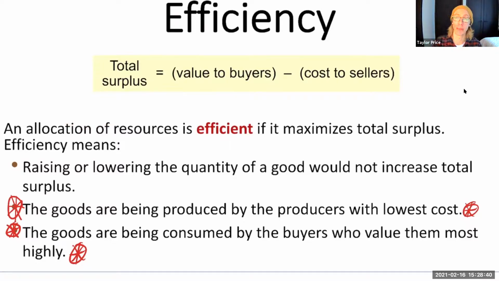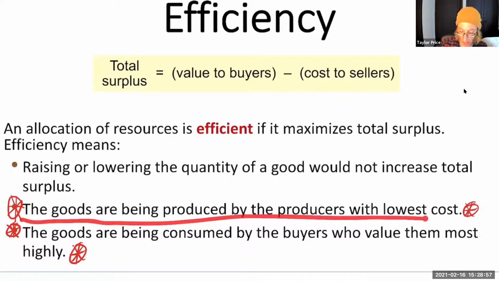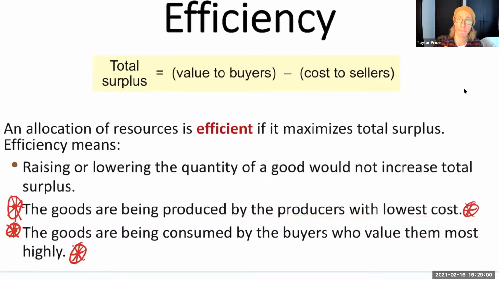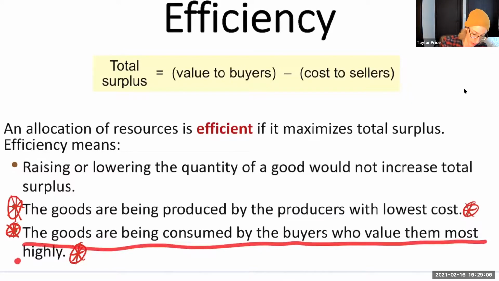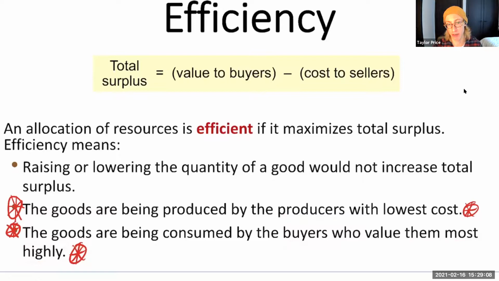We want to know if the allocation of resources is efficient, if it makes this as big as possible. We want to make sure that goods are being produced by the producers with the lowest possible costs, and the goods are being consumed by buyers who value the goods most highly. That's all we're talking about with efficiency.